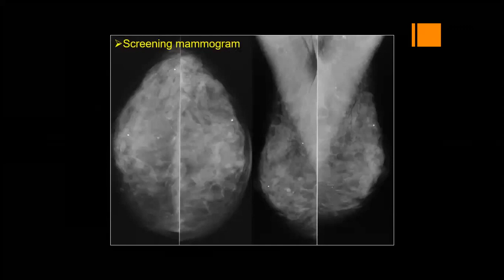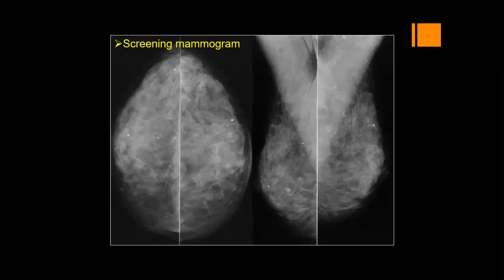What about this screening mammogram? The problem is the quality.